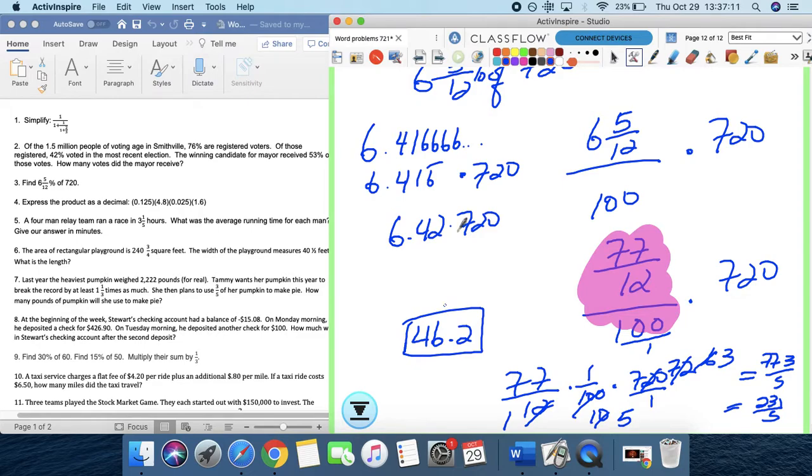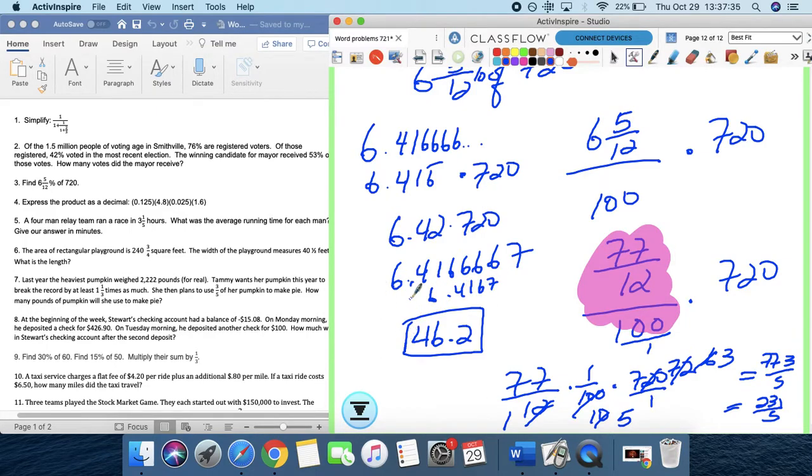This is a more precise answer than the other one. That's the difference, because the other one is a repeating decimal, and we're not too sure what the question is asking or how many digits after the decimal we are supposed to round it to. We could have used 6.416667 or 6.4167.